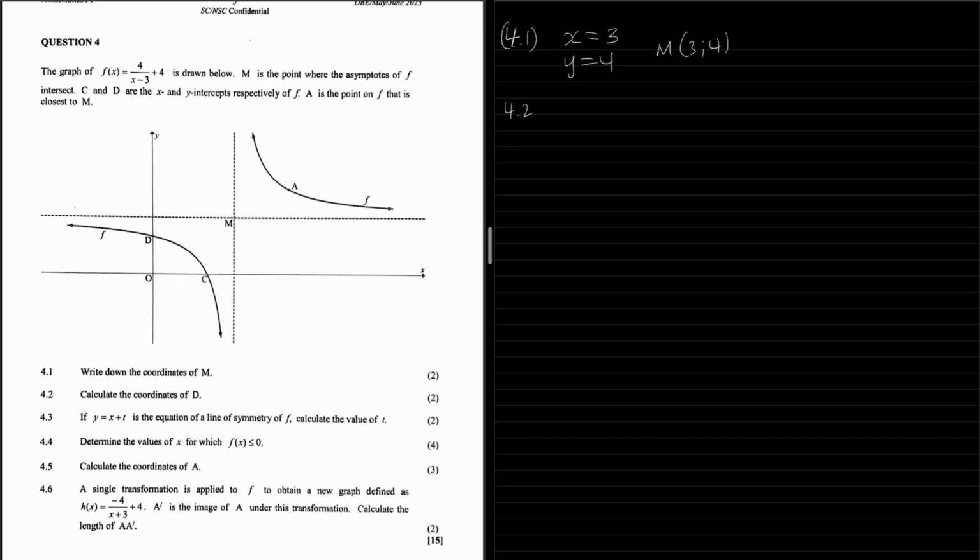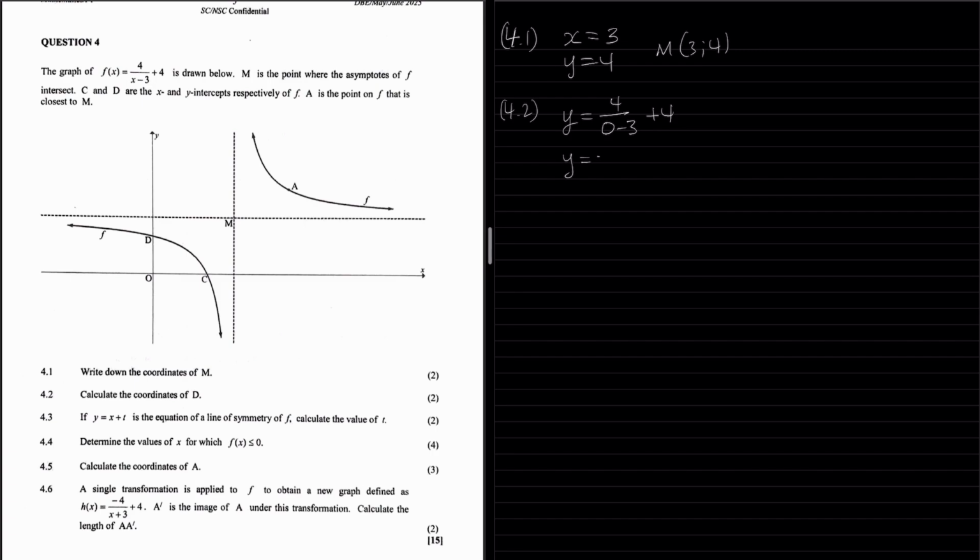Question 4.2, calculate the coordinates of D. So D is the y-intercept of the function. If I want to solve for the y-intercept, I simply make x 0. So y is equal to 4 divided by 0 minus 3, plus 4.